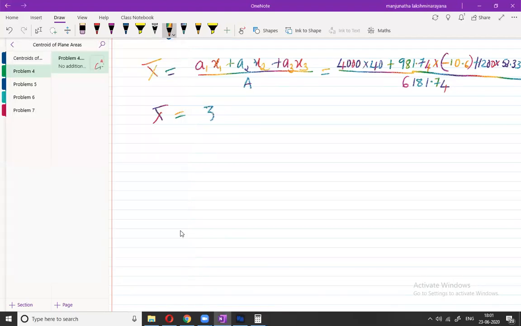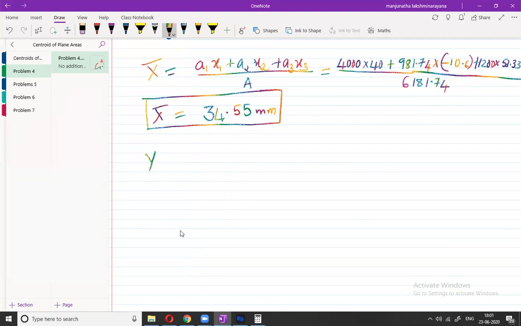So 34.55 mm is the value of x bar. That's nothing but the total centroid lies at a distance of 34.55 mm from the y-axis.